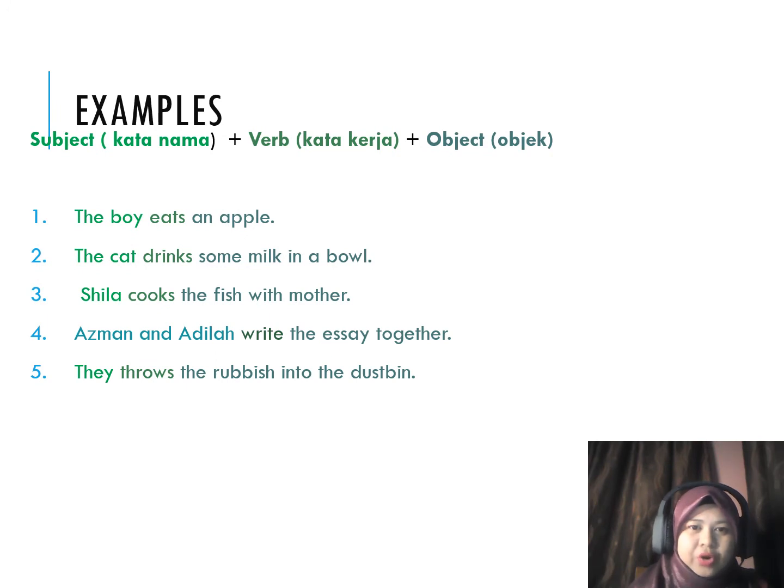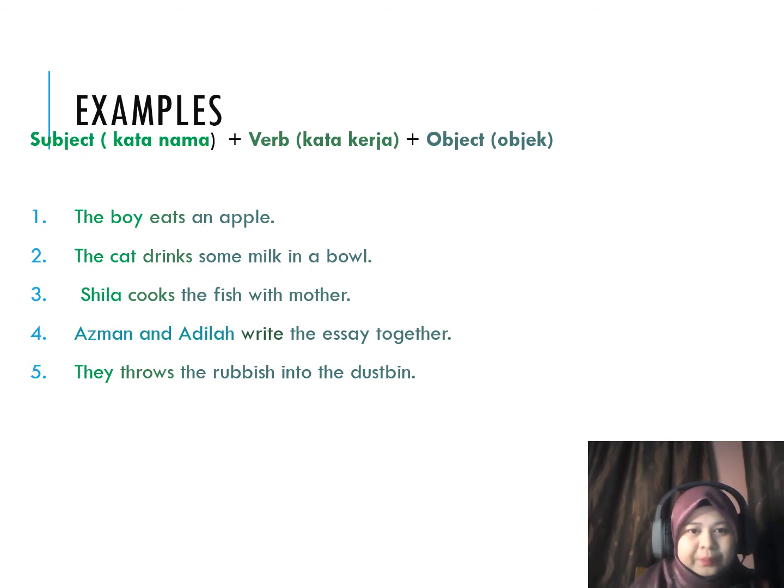These are more examples for you. Subject is kata nama, verb is kata kerja, object is object. Number 1. The boy eats an apple. The boy adalah kata nama, eats adalah kata kerja, which is verb, and apple is the object. So SVO.